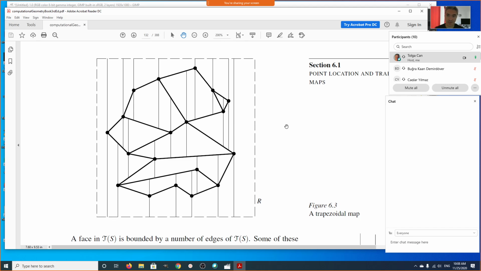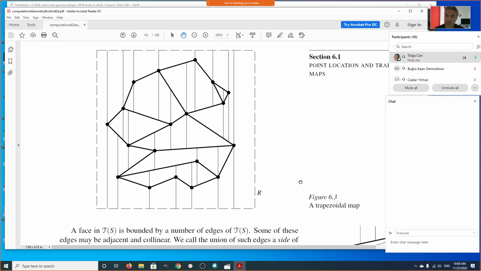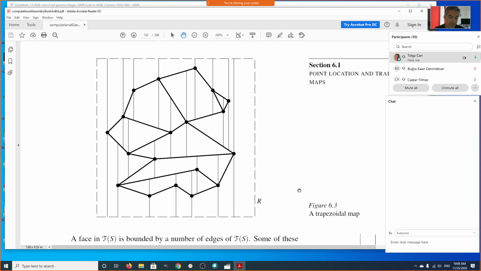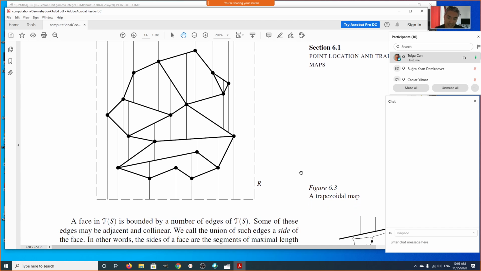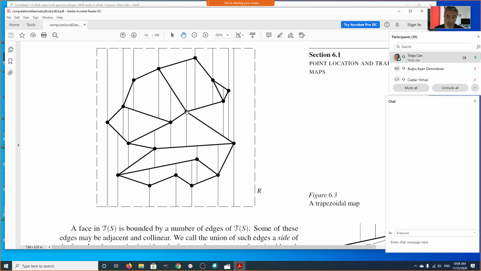We need to create some kind of a binary search tree. What should be the inner nodes? What should be the leaf nodes? That search structure should also help us to answer point location queries. Interestingly, that search structure is not going to be a tree. It's going to be a directed acyclic graph, and the reason is that we will still be using vertices of this map.